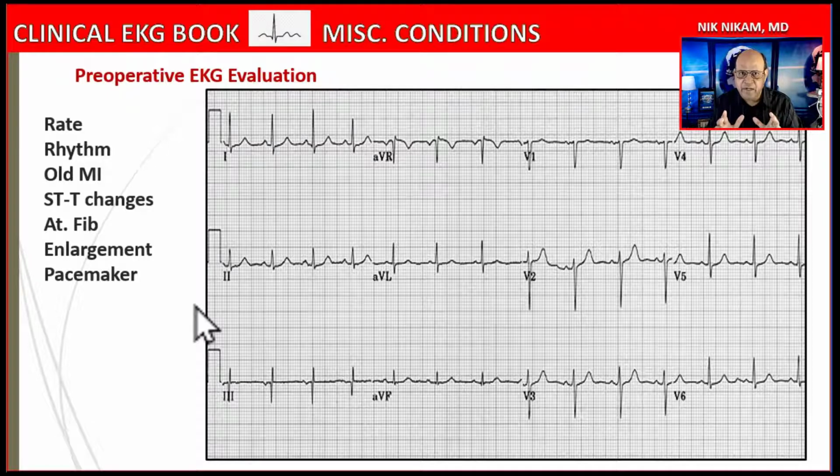So keep in mind that reading a pre-op EKG is like evaluating a whole patient. The patient is not in front of you, but the EKG is a mirror image of what has happened to the patient's heart in the past, what it looks like now, and what could happen in the perioperative phase.